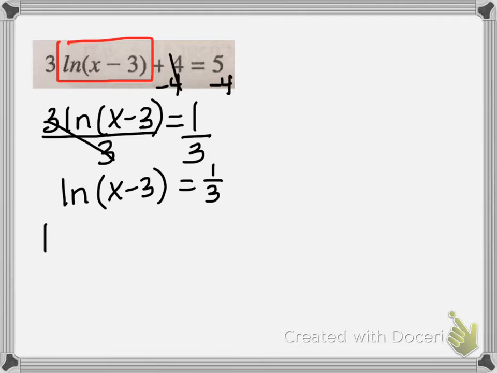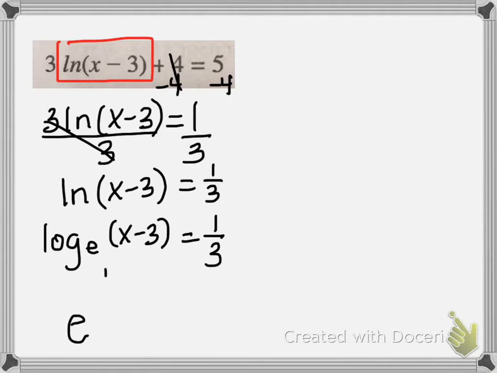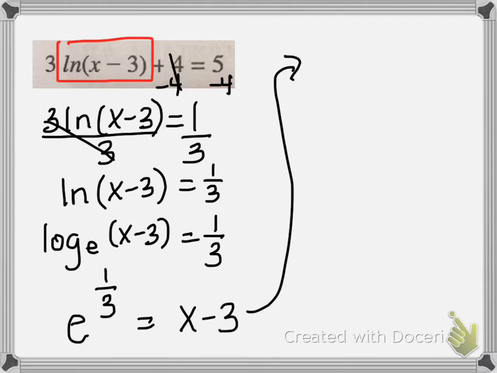So just as a reminder, ln is the natural log, so it actually has a base of e. Okay, so when I convert this back to exponential form, my base is still e. I'm going to raise it to 1/3 and set it equal to x minus 3. So again, I have e raised to 1/3 equals x minus 3.